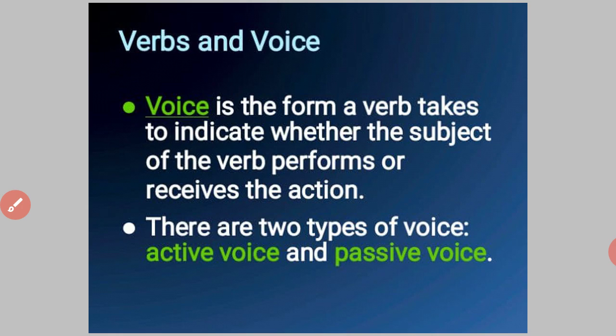Either your subject is doer or receiver. If the subject is doer, then the subject is active, means your subject is doing something. And if your subject is not doing anything, it's just a passive recipient of any action, then it is your what? Passive voice. So there are two types of voice, active voice and passive voice.